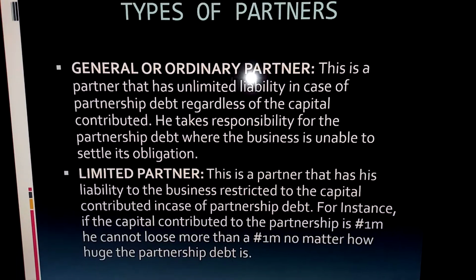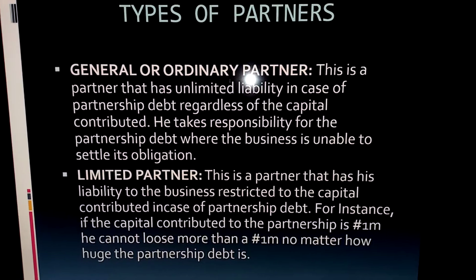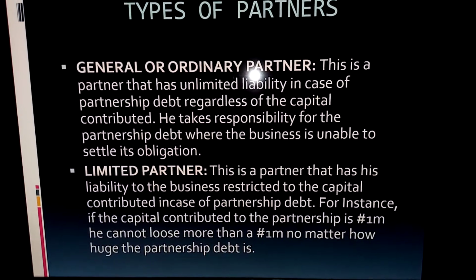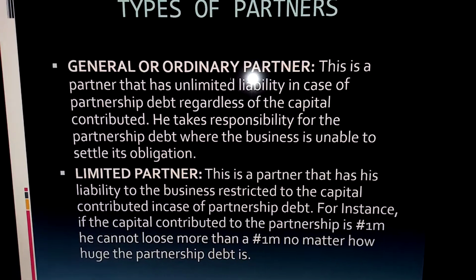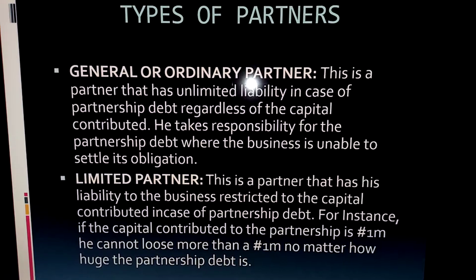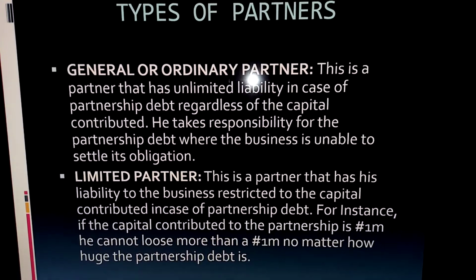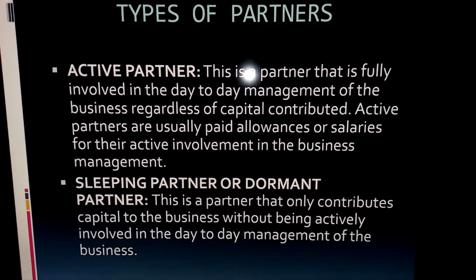The next one is the limited partner. A limited partner cannot lose more than the capital contributed. So if the partner, for instance, contributed 1 million as capital, when there is a huge debt or huge liability, he cannot lose more than the 1 million he has contributed. That's why they call him a limited partner. Now we have the active partner.